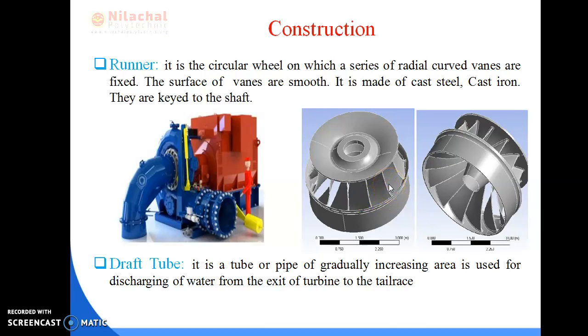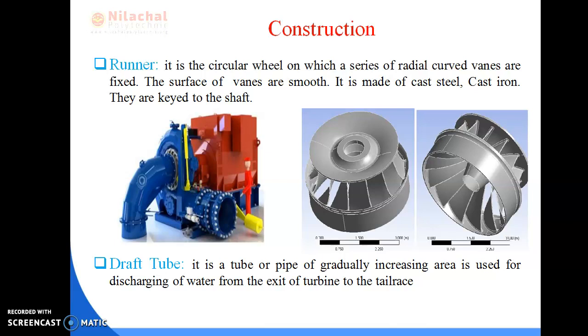The blades may be curved. As the name indicates, radial curved blades means the water enters the blade in a radial direction, that is, the water enters at the radius of the turbine blade.